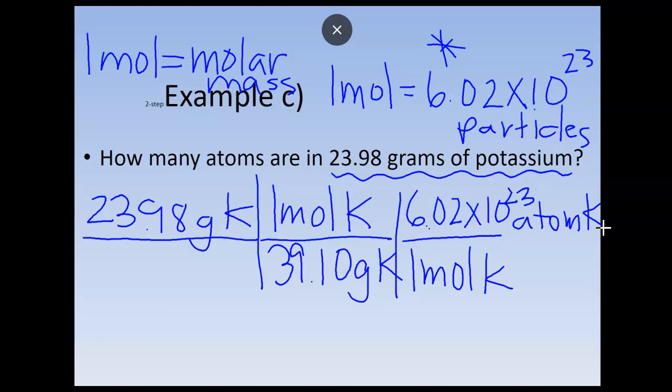Okay, so now before I calculate, let's make sure we can see that our units are canceling. My grams of potassium is canceling with my grams of potassium. And my moles of potassium is canceling with my moles of potassium, leaving me atoms of potassium, which is exactly what I want to solve for.